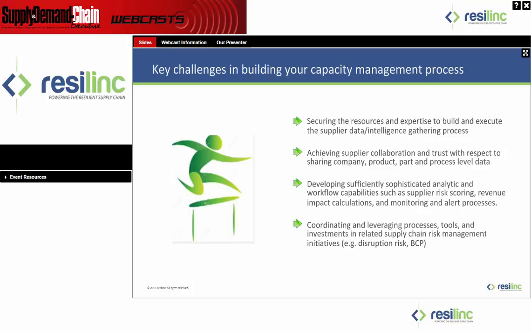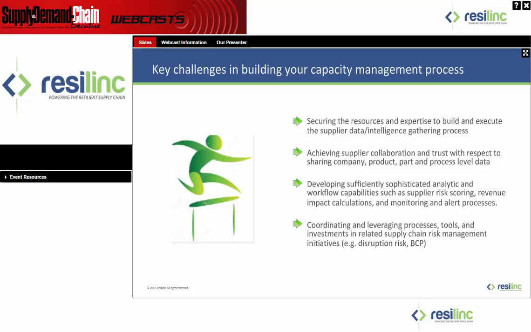Three, developing rich analytics with workflow capabilities that draw out key capacity related risk and concerns and connect them to impact to your revenue, and a comprehensive monitoring and alert system.